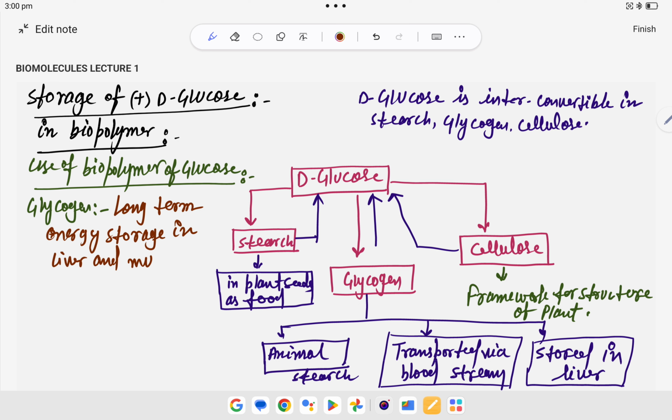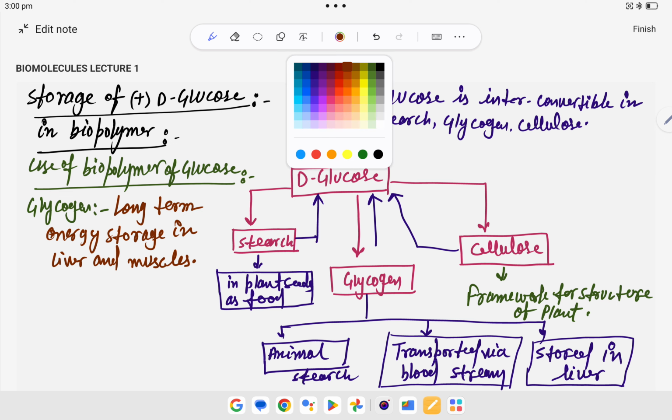Sometimes, if you know, we are hungry but we are not dying, we are surviving because energy is stored in our liver and muscles that will be converted into fuel. Long term energy storage in liver and muscles.